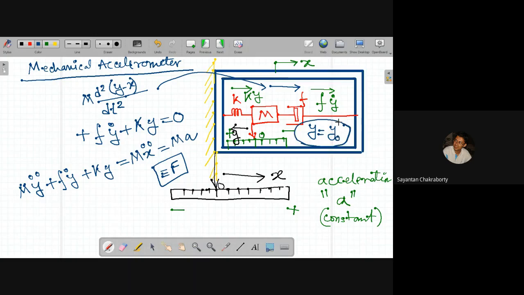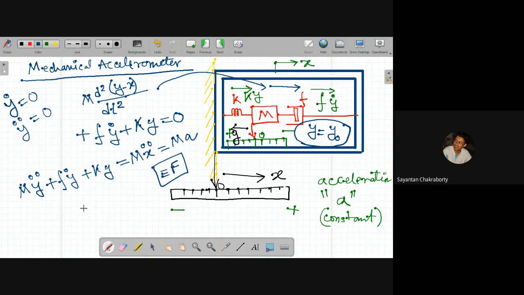If y settles down to a deflection y0, then what about y dot? y dot will become 0 because y has settled down to a particular deflection y0, and y double dot will again be equal to 0.